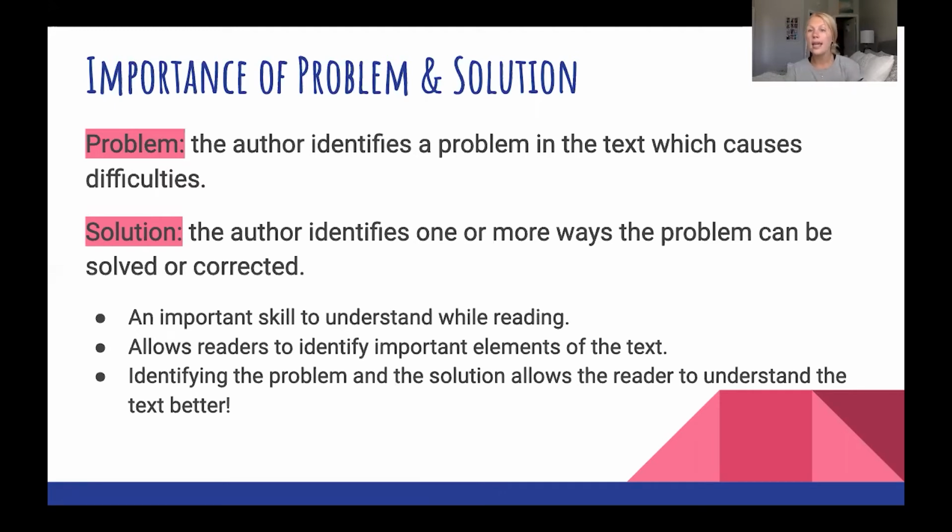If we were unable to understand the problem and the solution within a text, we would have trouble fully understanding the text, the plot line, and the theme of our text. But being able to understand problem and solution allows us as readers to better understand our text.